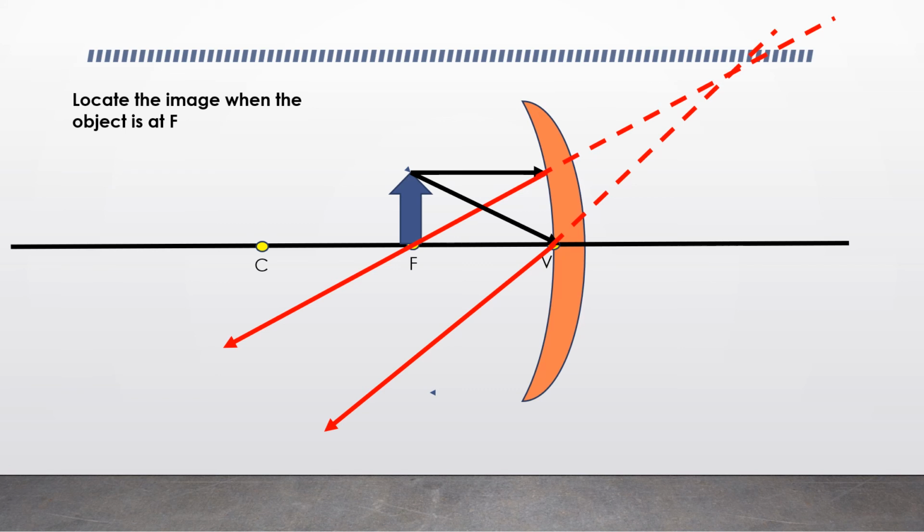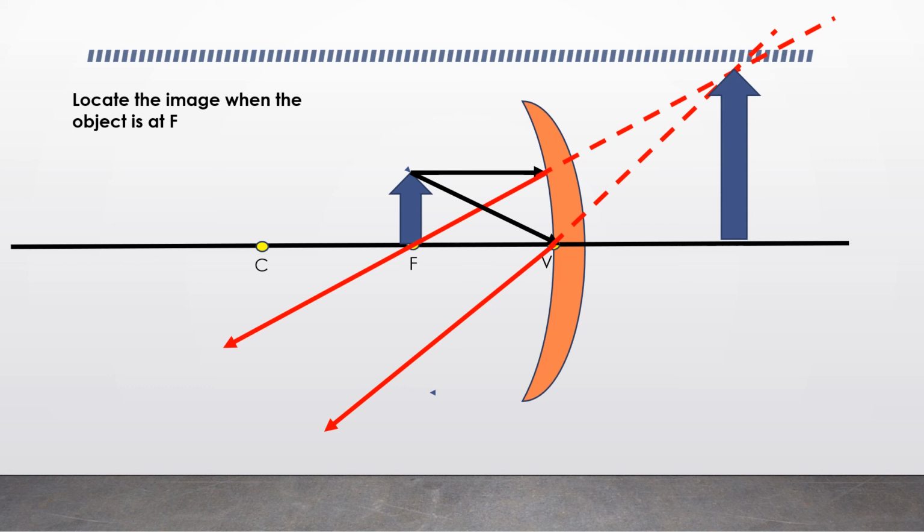There is an intersection point. So the reflected rays intersect behind the mirror. All right. So, how will you draw the image? Again, the tip of the image should touch at the intersection point. Okay. So, that is how the image looks if the object is located at F.